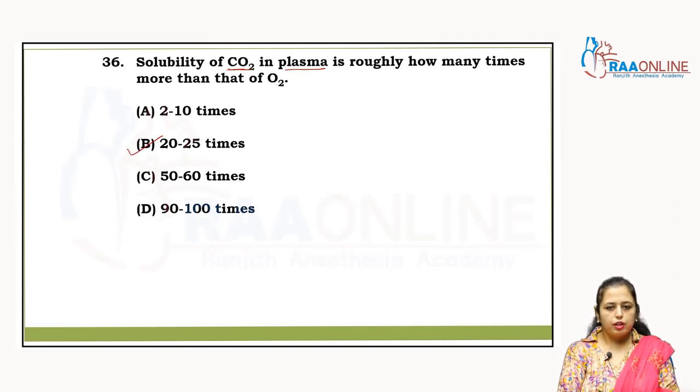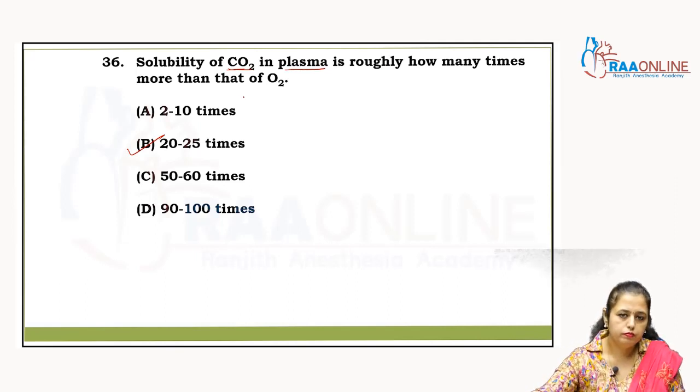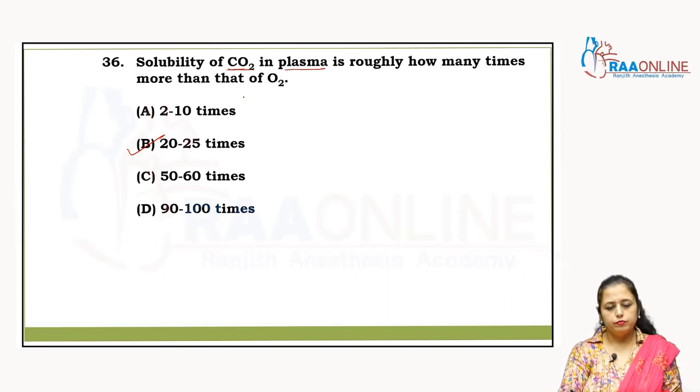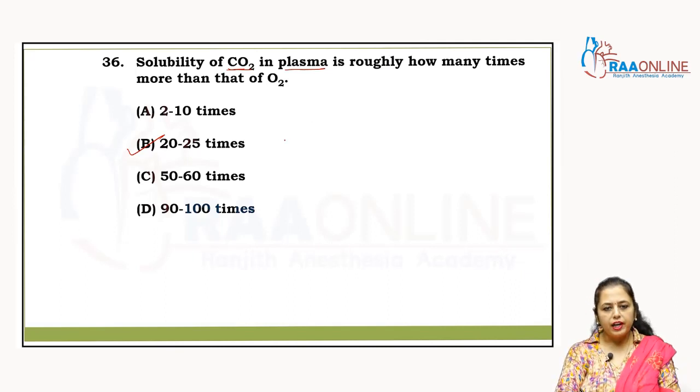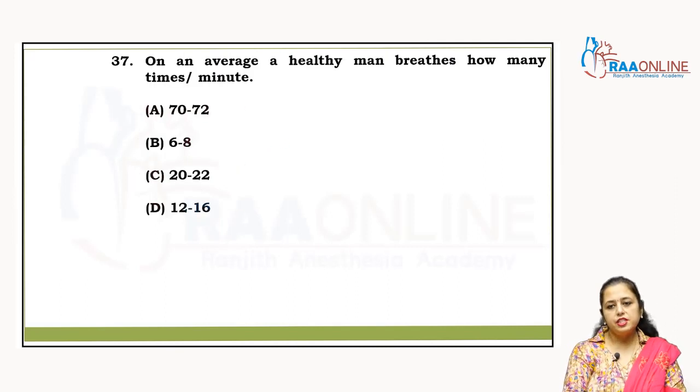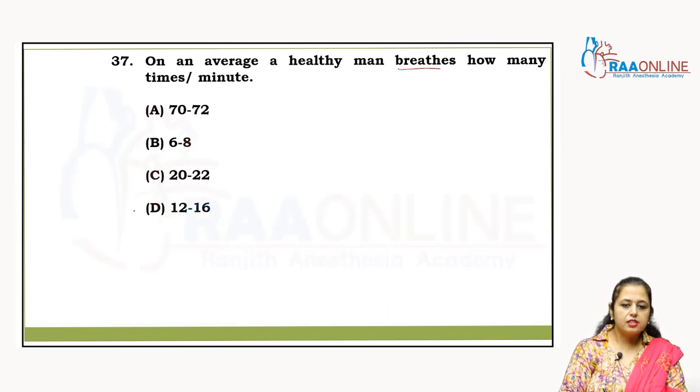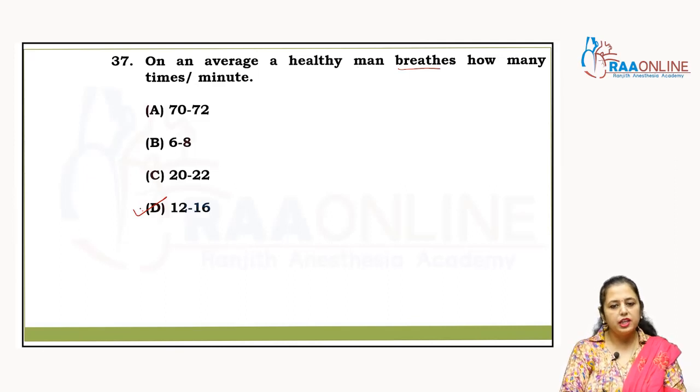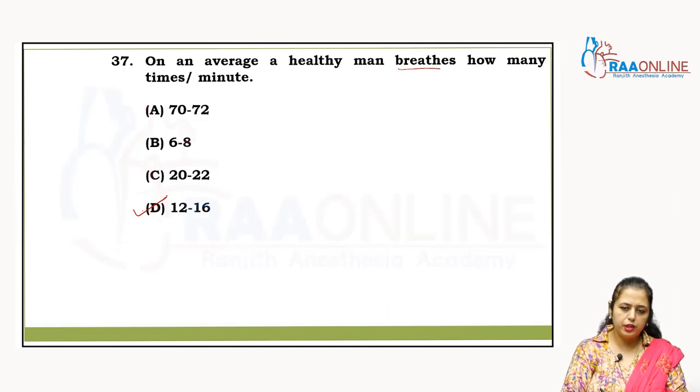That is 20 to 25 times, so the answer is B. The 37th question: on an average, a healthy man can breathe how many times per minute? 70 to 72, no, that's heart rate. So the correct answer according to NCERT is that normally it is 12 to 16 cycles per minute.